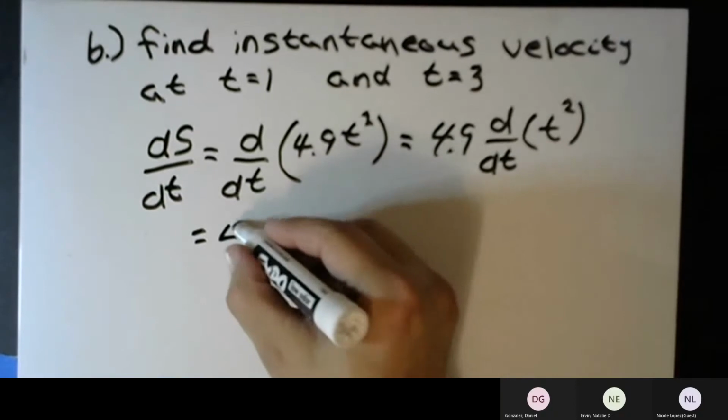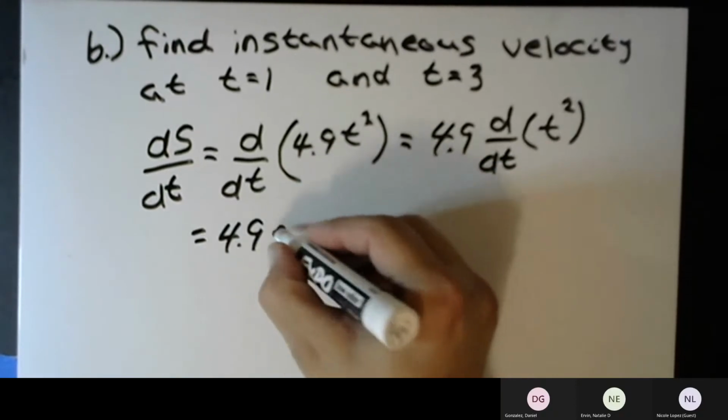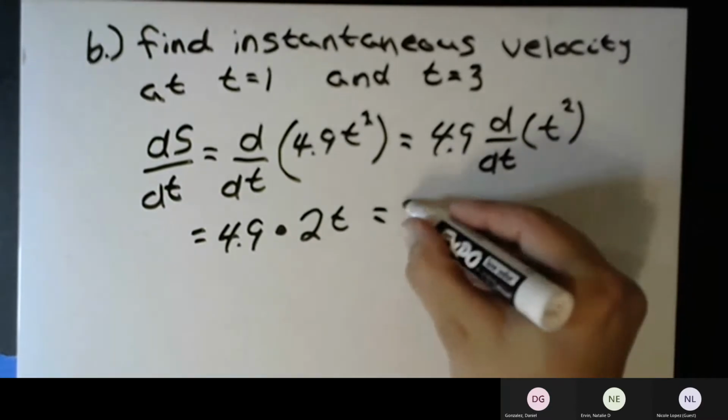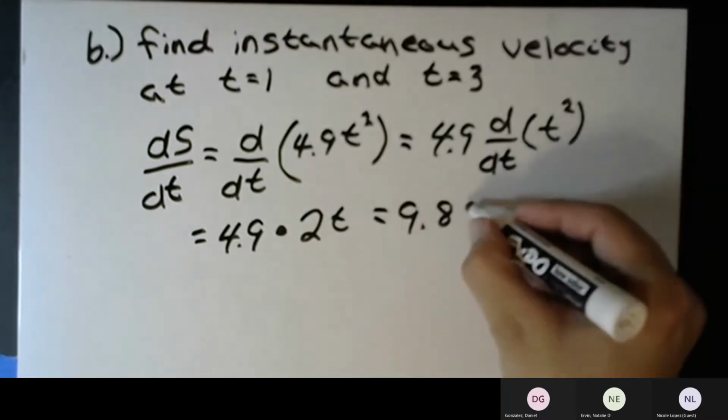So we'll get 4.9 times 2t, which is 9.8 t.